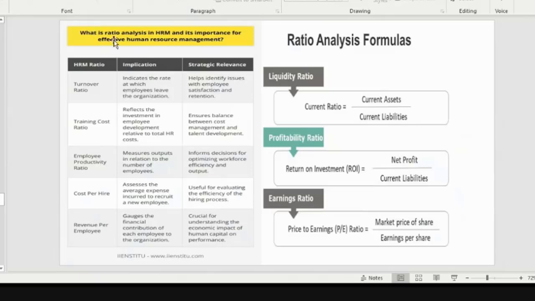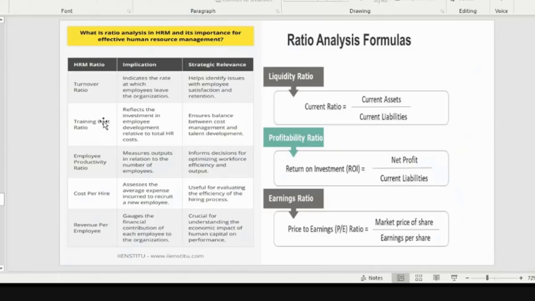And now here it says, what is ratio analysis in human resource management and its importance for effective human resource management? So turnover ratio indicates the rate at which employees leave the organization, and it helps identify issues with employee satisfaction and retention.